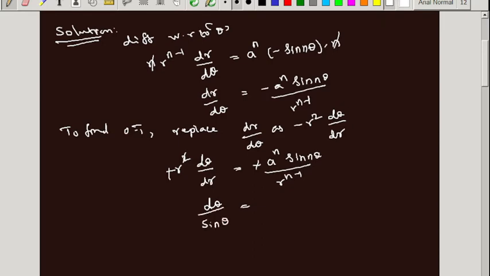We get sin n theta in the denominator, and on the right hand side we get a power n into dr in the numerator, and r square brought to the right hand side becomes r power n minus 1 into r square. We can write it as dr dividing by r power n plus 1.